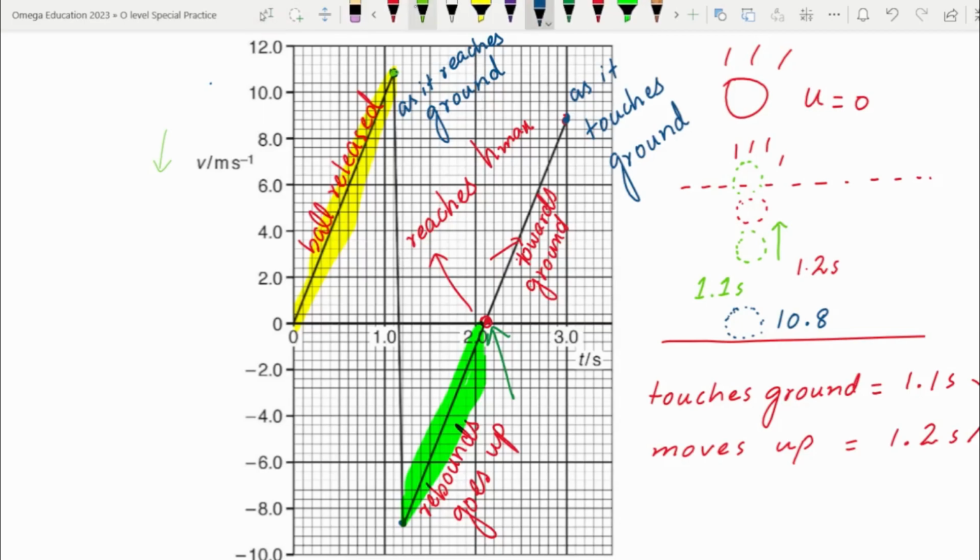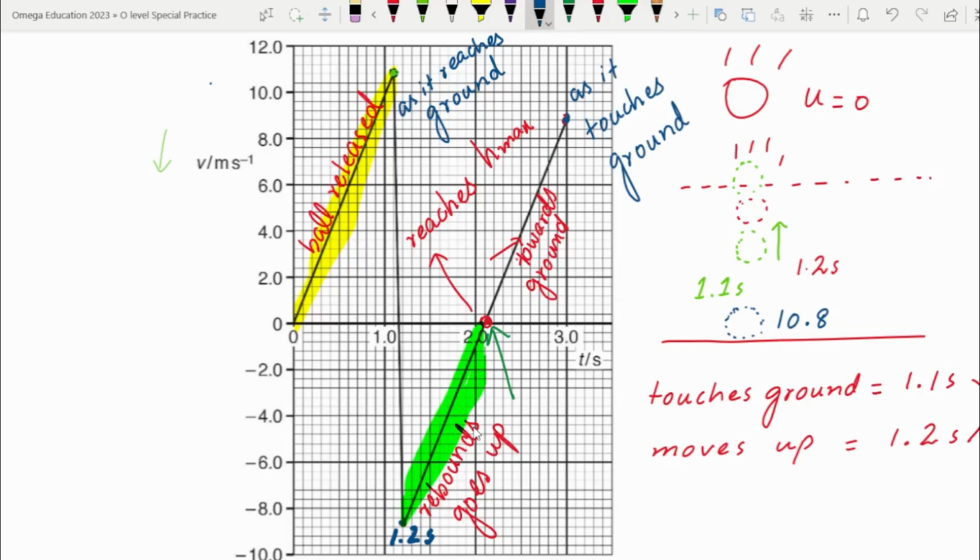Alright, so what we have explained is, in this part, the ball is going towards the ground, and then it rebounds. It hits the ground at 1.1 second. It rebounds at 1.2 seconds, and it goes upward.